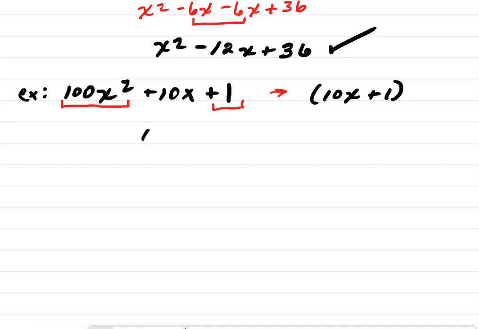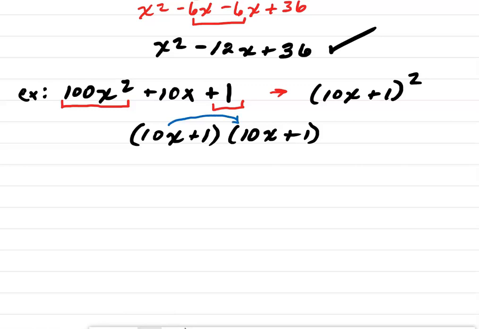So then we need to make sure we check. So if I have 10x plus 1, squared, I forgot my squared, there we go, times 10x plus 1. And if I do the distributive property, 10x times 10x is 100x squared. 10x times 1 would be 10x. 1 times 10x is 10x. And 1 times 1 is 1.